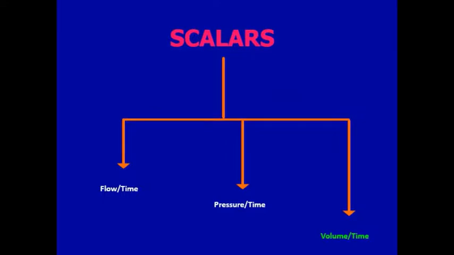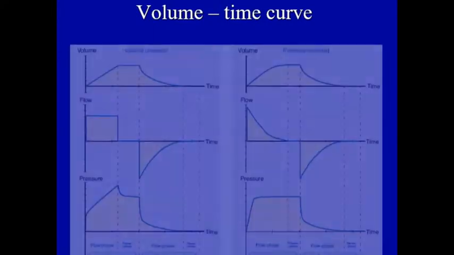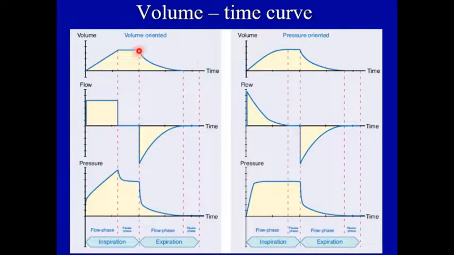Next, coming to the volume time waveform. In this volume time curve, this is the volume time waveform in case of volume control ventilation, and this is in case of pressure control ventilation.